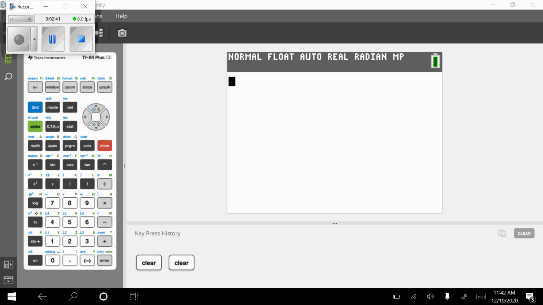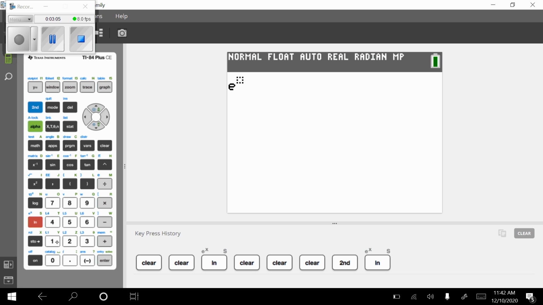You can see your e button just below the log button most of the time, right above ln. So the logs have to do with logarithm and logarithmic functions, which we'll also look at in this unit. And then e or 10 to the x, both are related to those exponential functions. They're inverses of logs essentially, and that's why they're next to each other on a calculator.